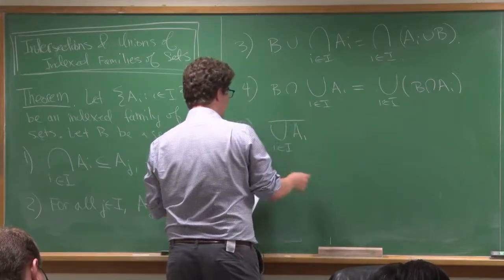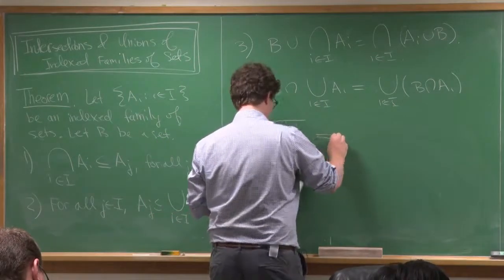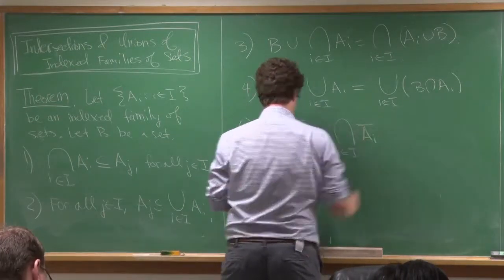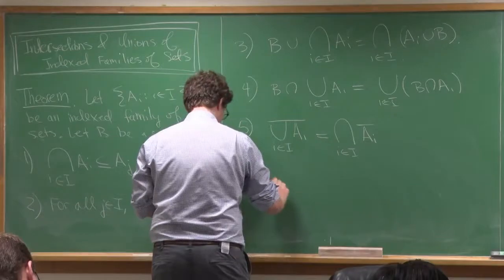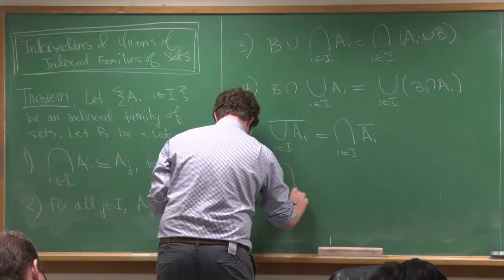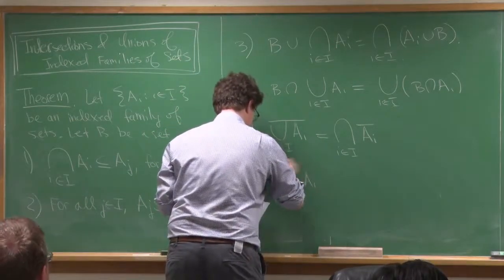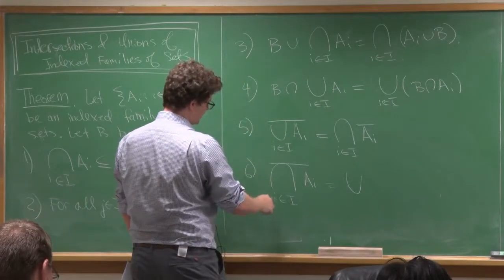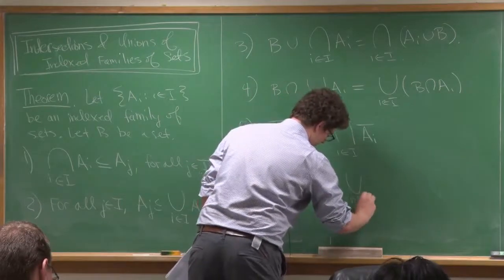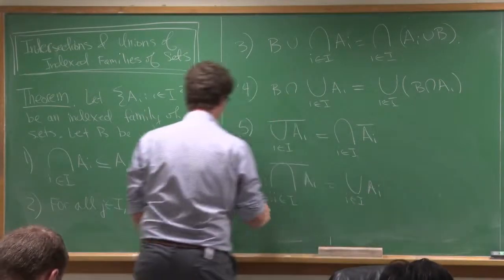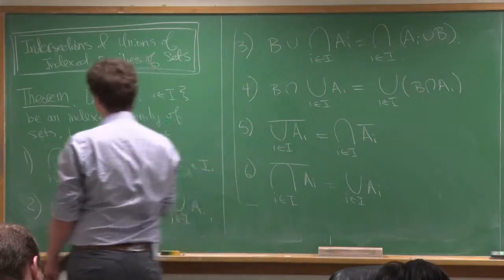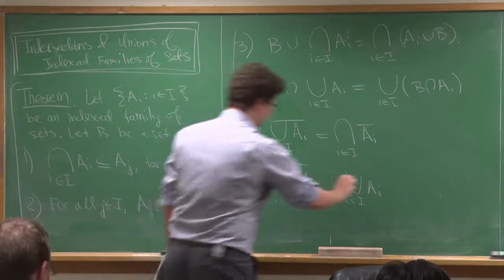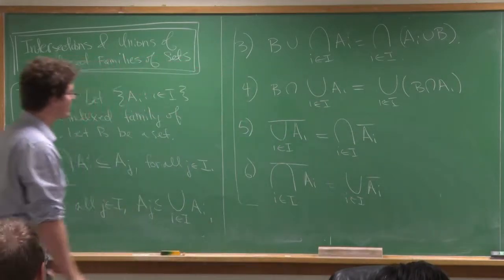If I take the complement of a union, this is the same thing as the intersection of the complements. And if I take the complement of a big intersection, I get a union of the complements. This is the statement I want to talk about today. Yes, that should have a complement over it, thank you.